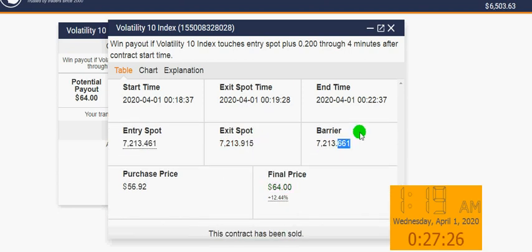Okay, we won that trade. So this is the exit spot 915, and this is the barrier offset. So 915 exits 661. So we won the trade.